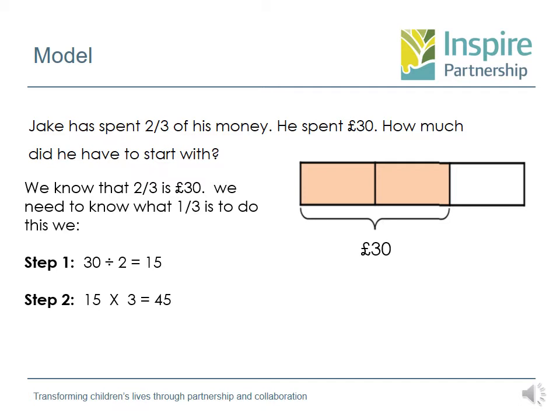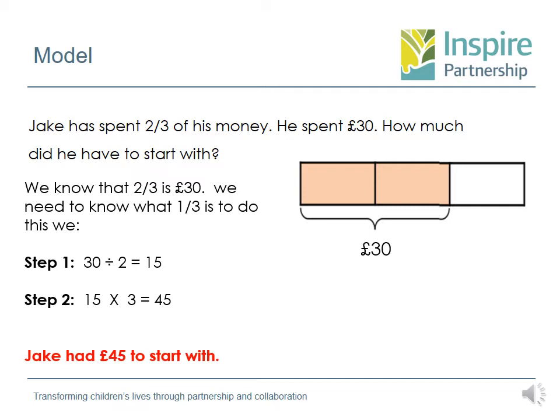We're doing this because each part is worth 15, and there's 3 parts that make the whole, so my denominator is 3. So 15 multiplied by 3 is equal to 45. So Jake had £45 to start with.